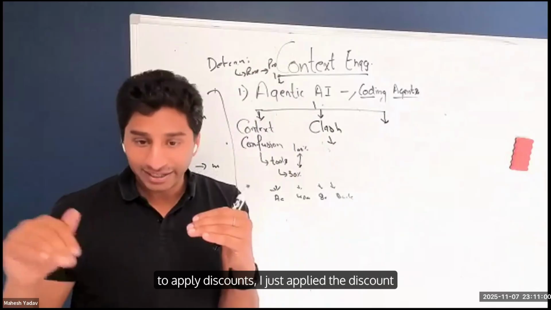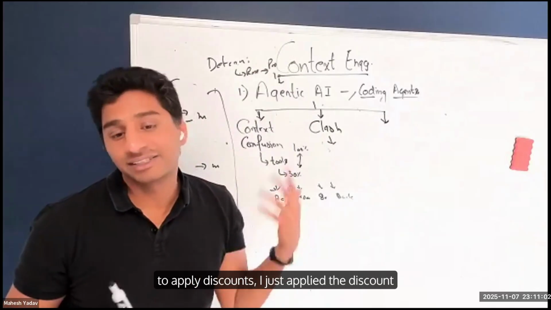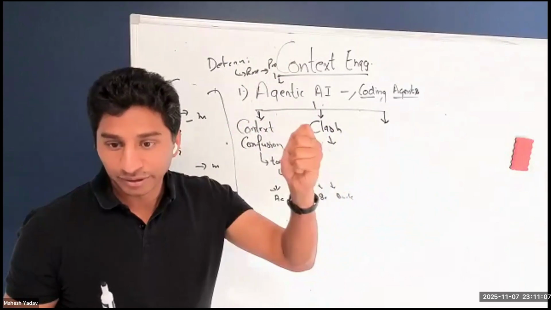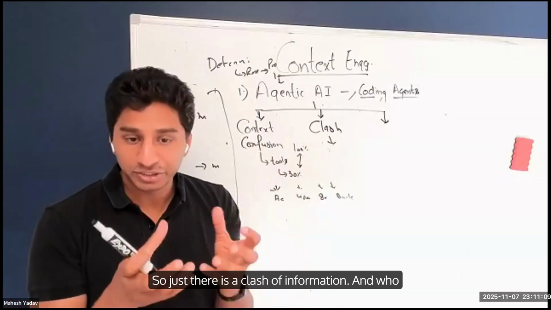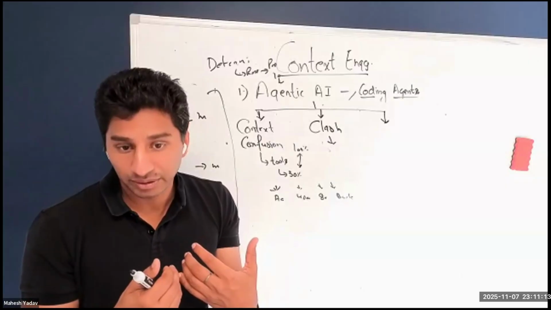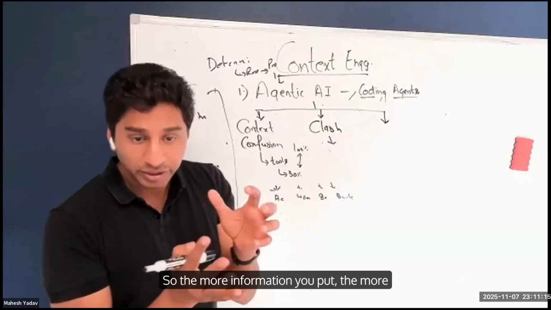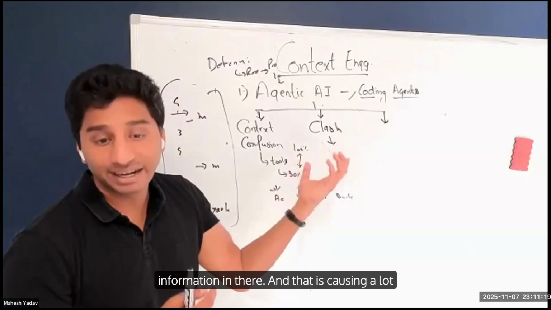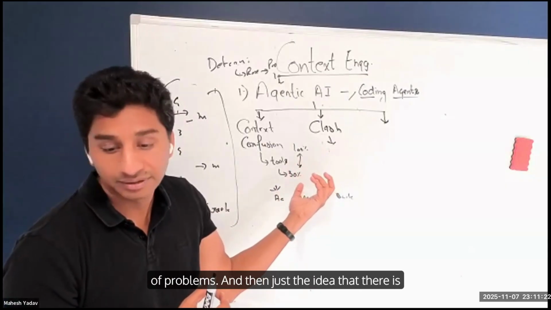When I'm going to apply discounts, I just applied the full-time discount when booking the tickets. There is a clash of information, and who wins that clash is not in the user's control. The more information you put in, the more probability there is of conflicting information, and that is causing a lot of problems.